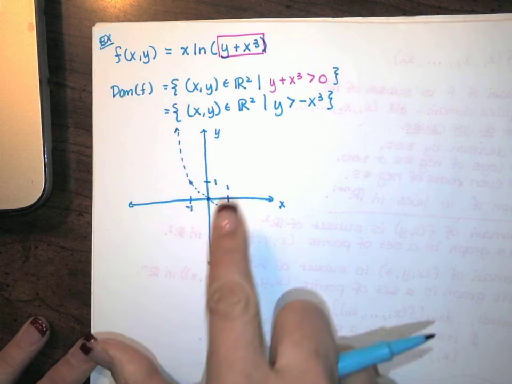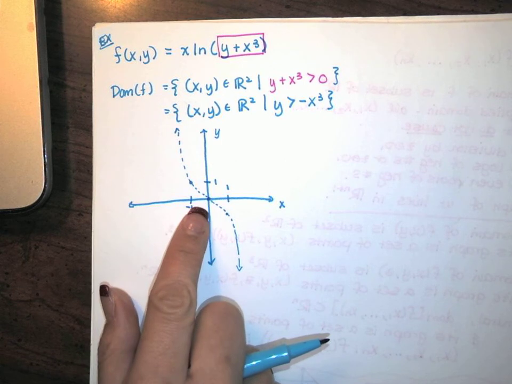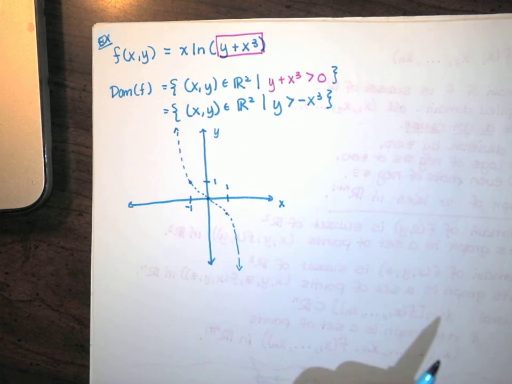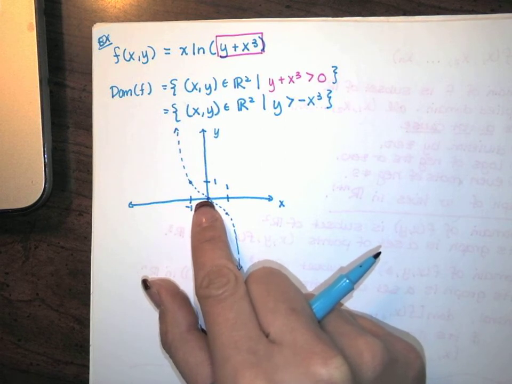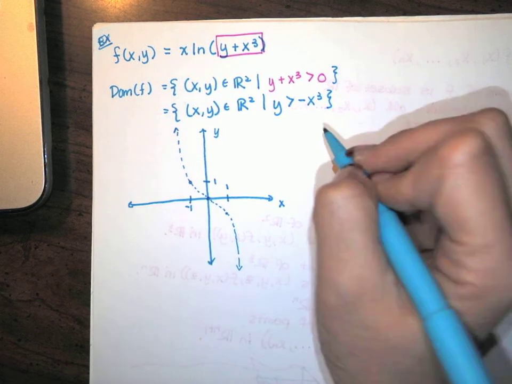But just to check, I'm going to pick a test point. I can't pick 0, 0 this time. I almost always pick 0, 0 if it's not on my curve, because it's really easy to test 0, 0. But 0, 0 is on the curve, so I need to pick a different point. So I'm going to choose this point. So x equals 0, y equals 1.